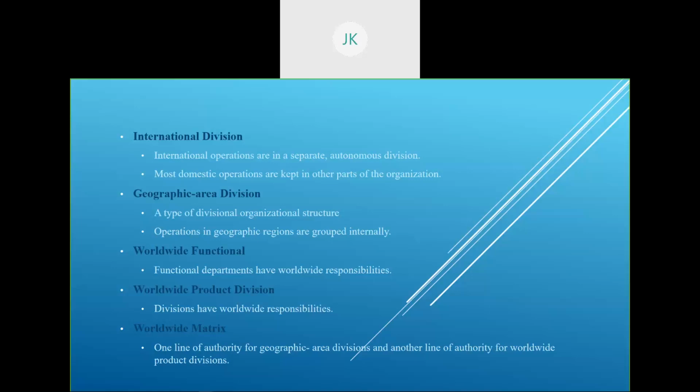So it may be the same factor: based on similar culture, based on similar price level, cost level. So region by region, geographically grouped. That is the geographical area division structure.